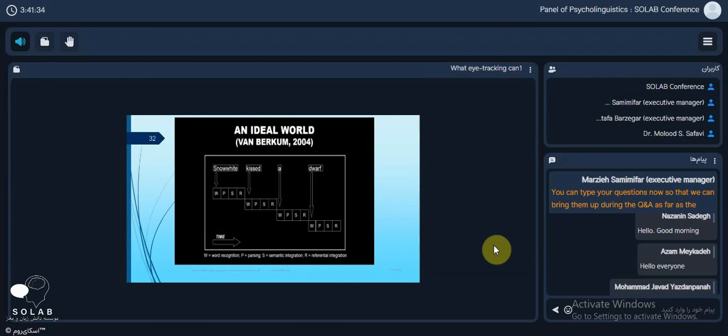Van de Broek in 2004 had an ideal model for this processing.